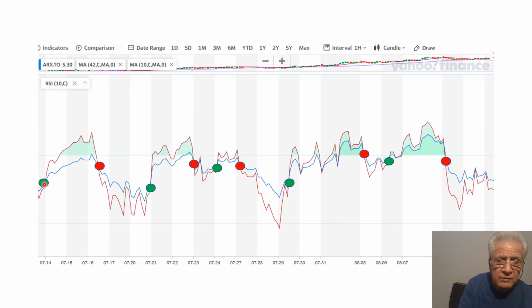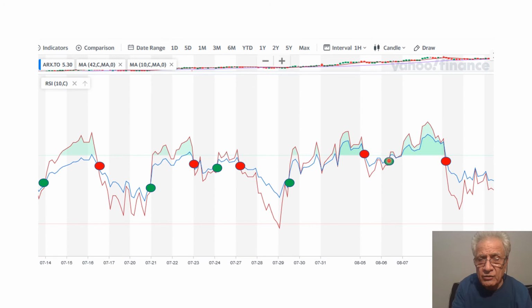So this is one entry point. That is an exit point, where RSI 10 crosses RSI 20 while going downward. So that is an exit point. Enter here, exit here, and here again RSI 10 crosses RSI 20 while going upward. You can enter the market here.